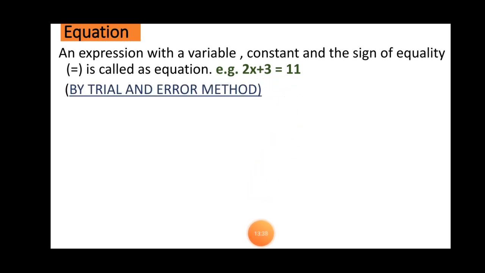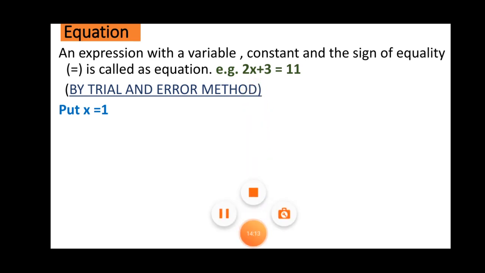Now let's solve this equation by using the trial and error method. First of all, why do we use this method? We use the method of trial and error to find the solution for the given equation. What we actually do, children, is take the left hand side expression, that is 2x plus 3, from the given equation, and one by one we put a value in this variable's place to find its solution.